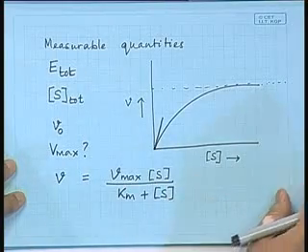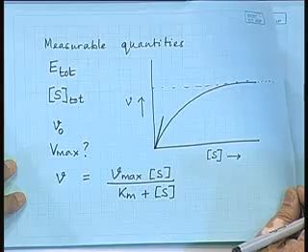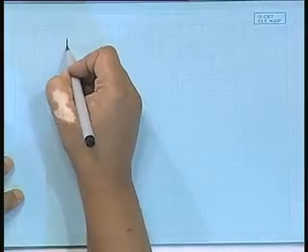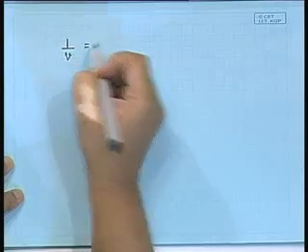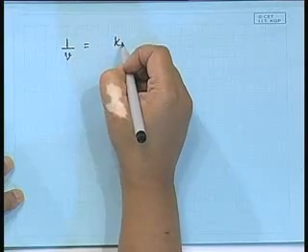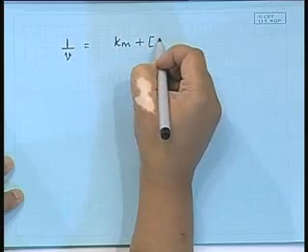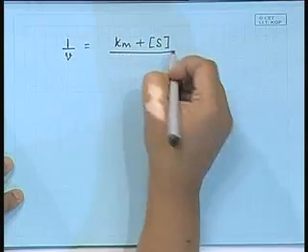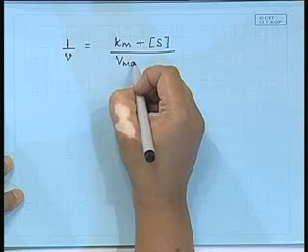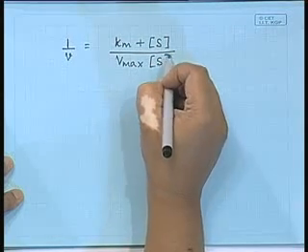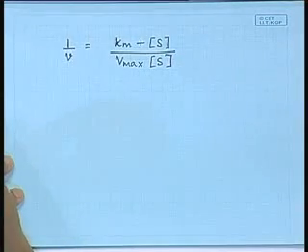Now if I take the reverse of this, what can I do? I can take 1 by V, that is going to give me Km plus S divided by Vmax S, right?